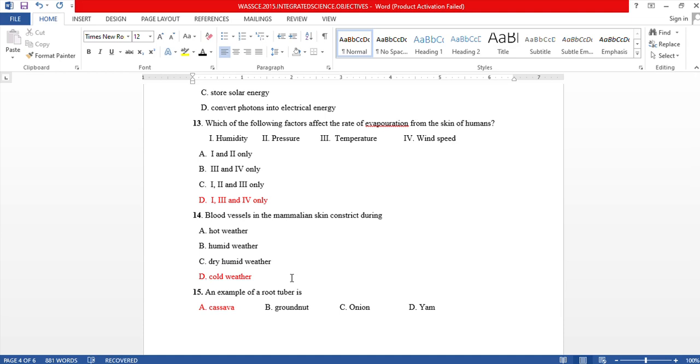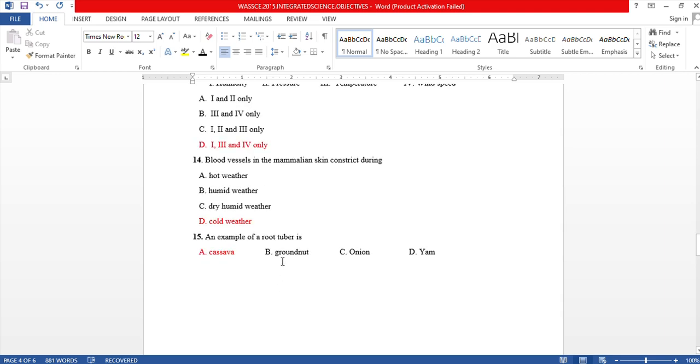It might be there, but it's not as visible as it is when the weather is very hot. When the weather is very hot, the opposite happens. Your blood vessels will dilate, or they will come to the surface. They become wider. They come to the surface of the skin so that they can lose more heat and then keep your temperature at a cooler level.